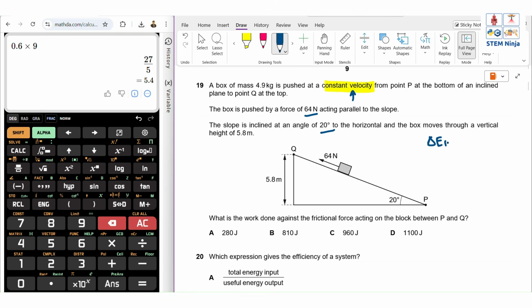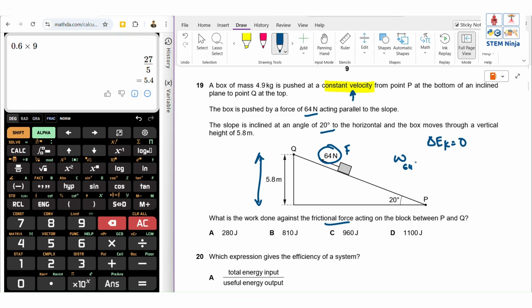So change in kinetic energy is 0. Furthermore, that means that the work done by the 64 Newton force is going to balance out or is going to be equal to the change in potential energy and the work done against the friction force. So work done by 64 Newton force, we'll just call that force.